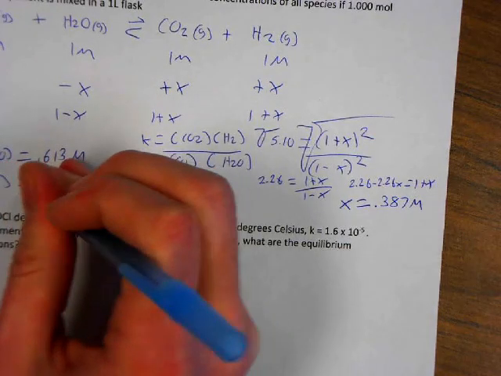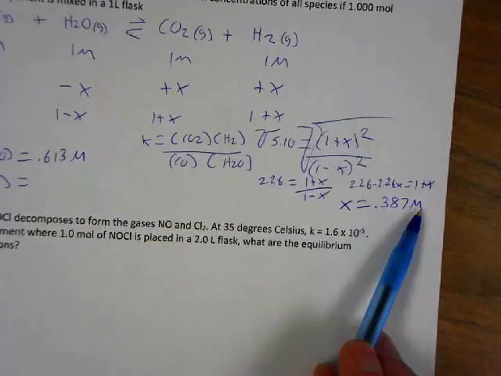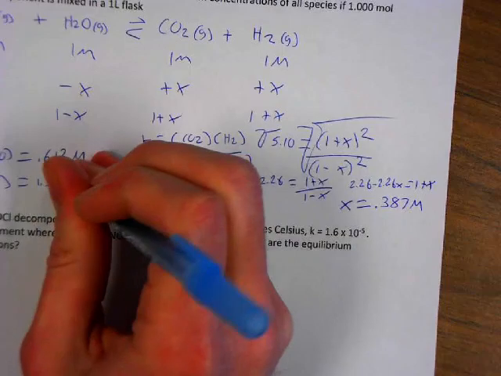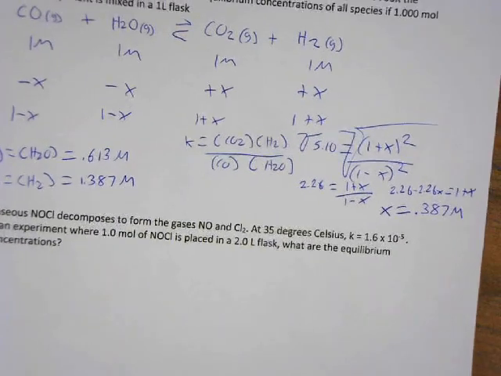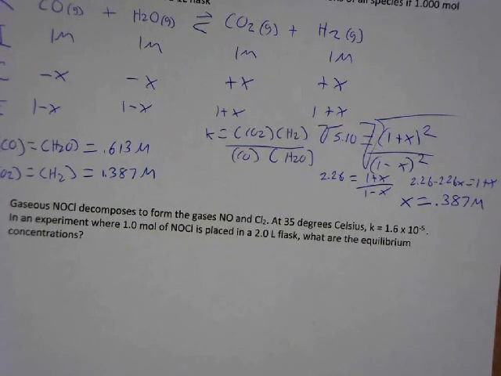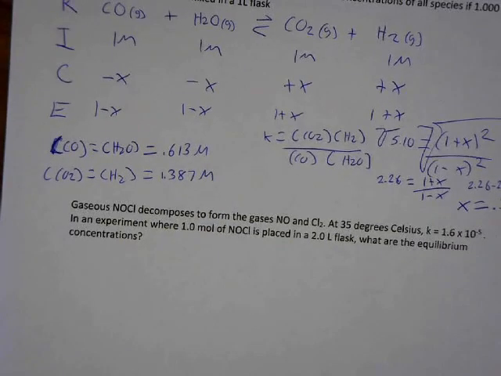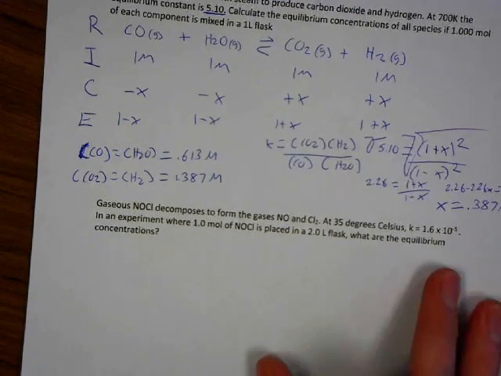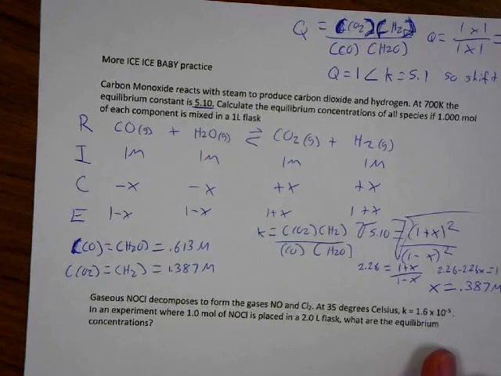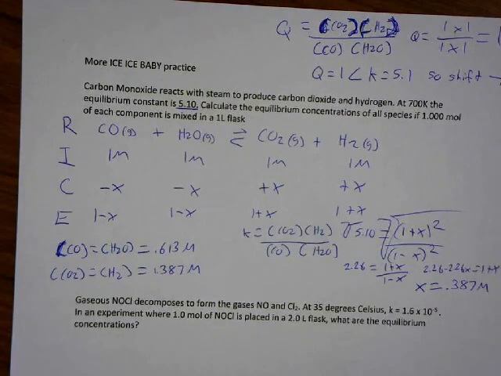And the concentration of CO2 is going to equal the concentration of H2, which is 1 plus 0.387, which is 1.387 molar. That is your concentration of these things at equilibrium.